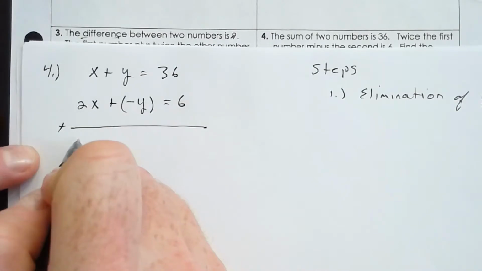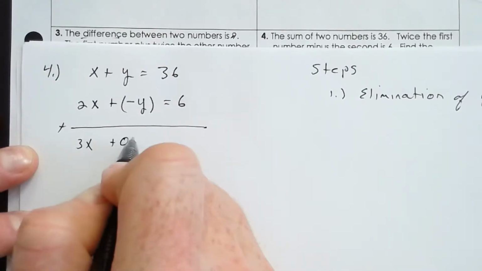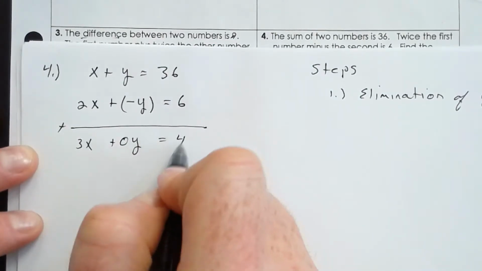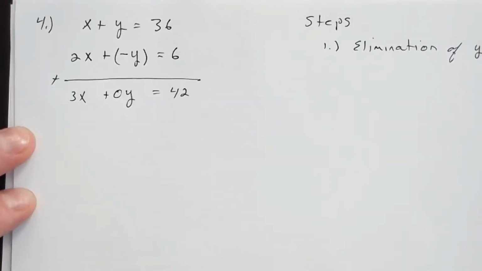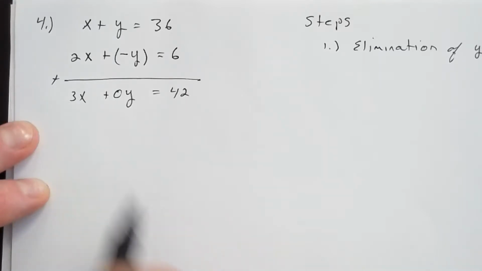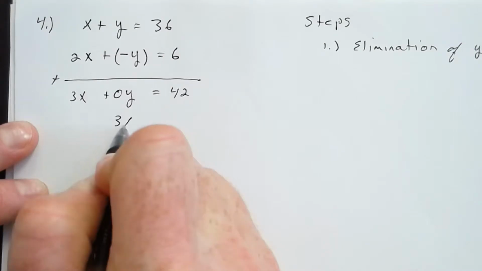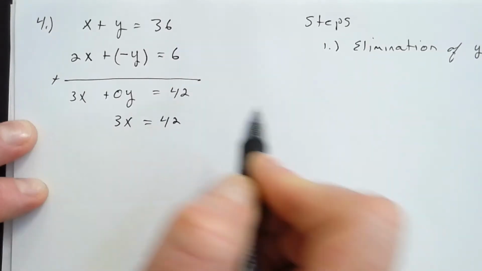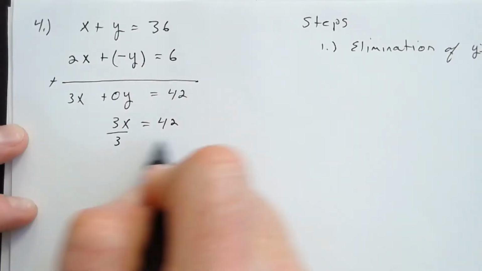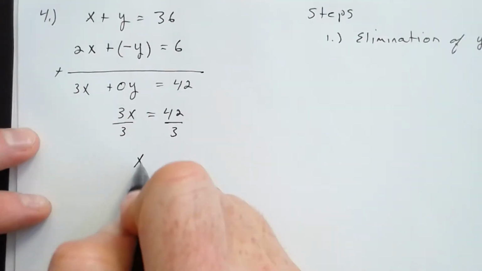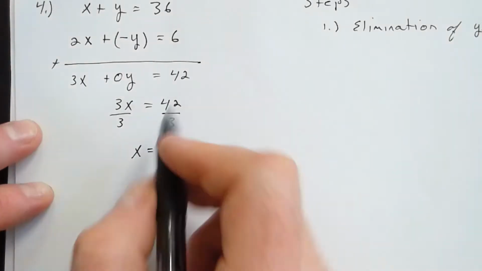And we have 3x plus 0y is equal to 42. So we're left with 3x is equal to 42. Divide by 3. x is equal to 14.